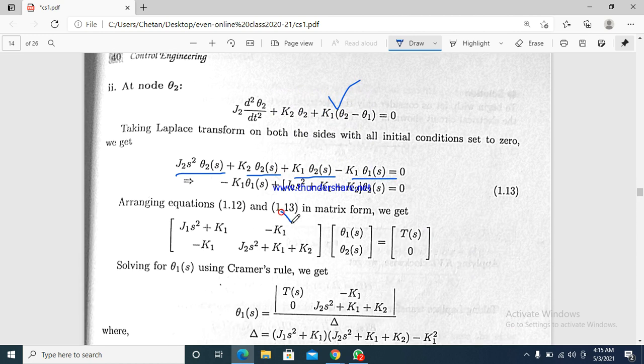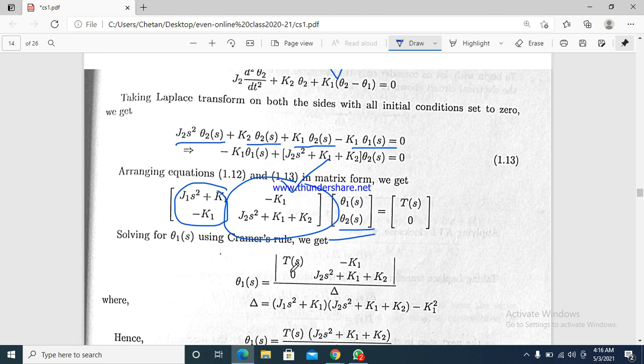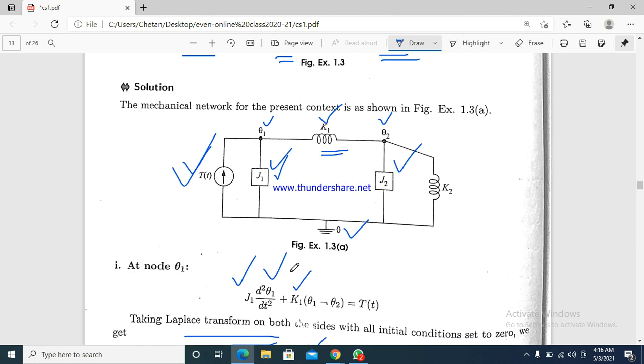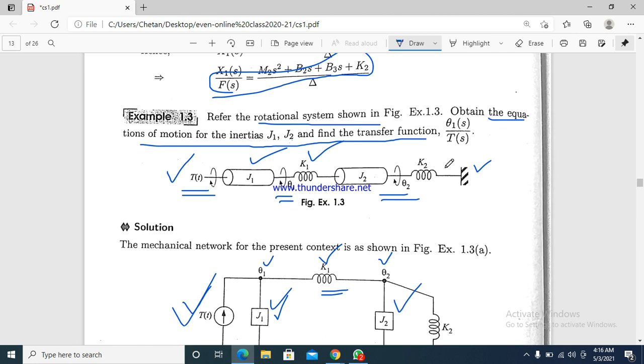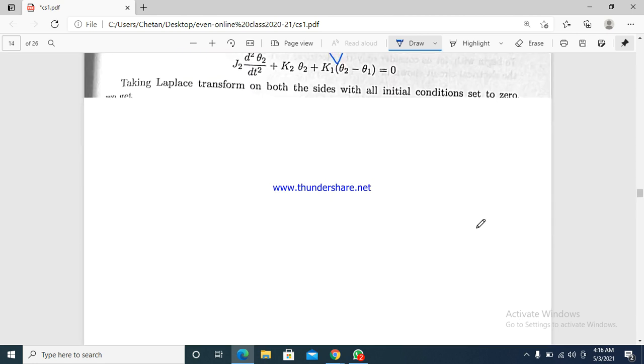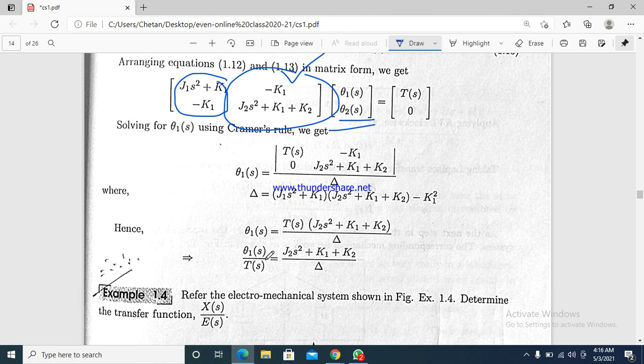Write down these two expressions in the form of matrix, theta 1 of s, theta 2 of s. Write down the remaining terms. And actually in this problem what they have asked you to find out is theta 1 of s divided by T of s.